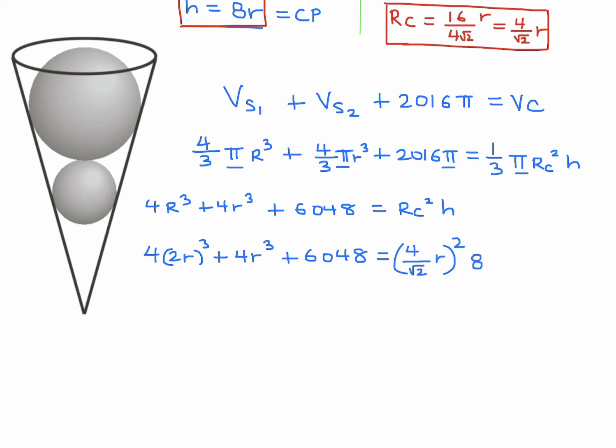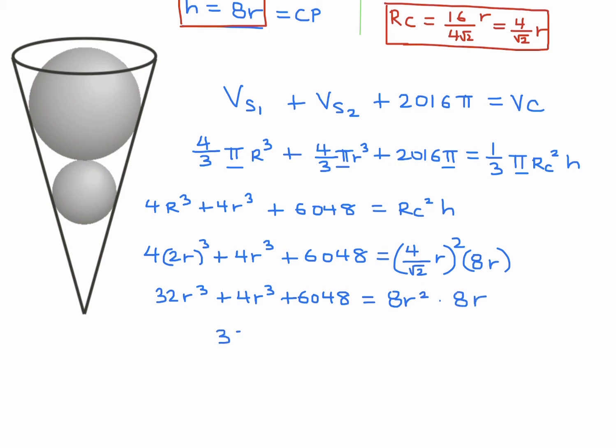So that's going to be 8r. All right, I only have one variable. I can solve this. So 2 to the power of 3 is 8. 8 times 4 is 32. So that's 32r cubed plus 4r cubed plus 648. This is going to be, let's see here, 4 times 4 is 16 over root 2 squared is 2. So 16 over 2 is going to be 8. So 8r squared. And then times 8r.